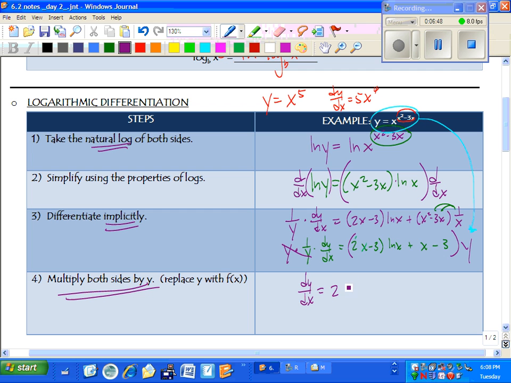For this one then, we have 2x minus 3 times natural log of x plus x minus 3. I'm going to put a bracket around that whole thing. That's being multiplied by y, which is x to the x squared minus 3x.